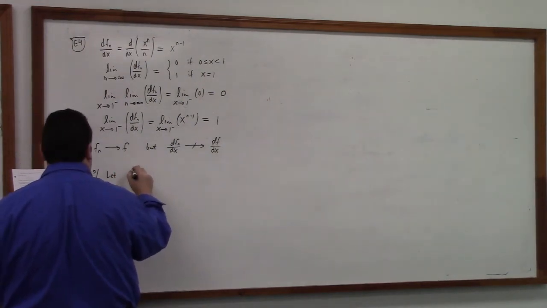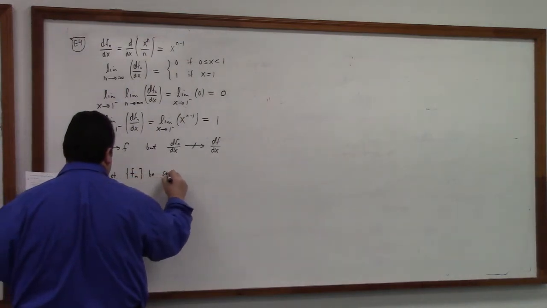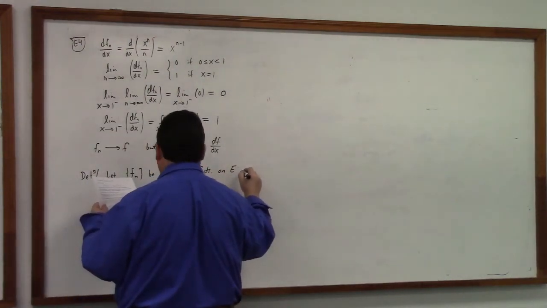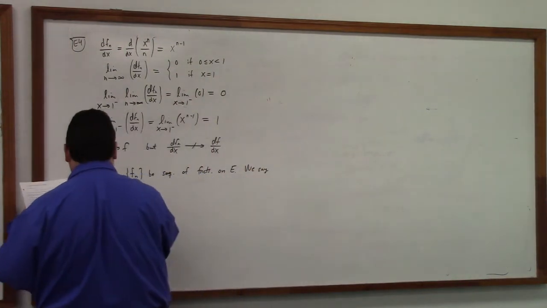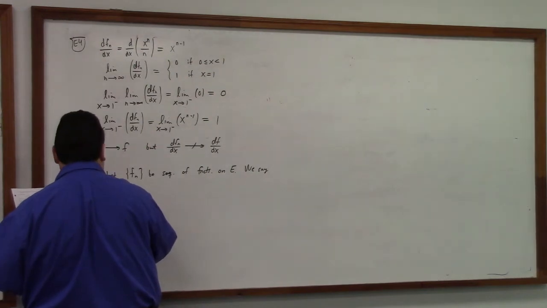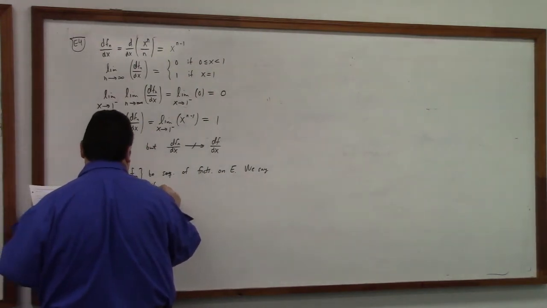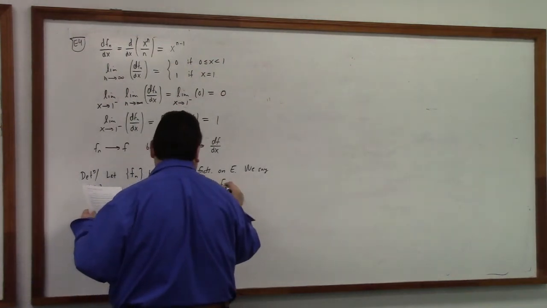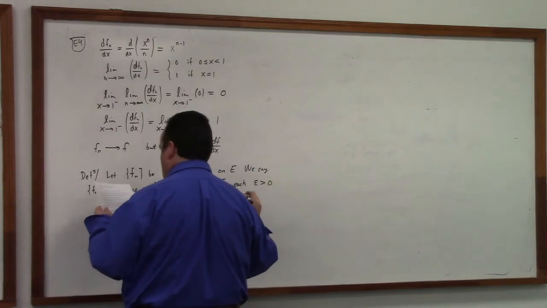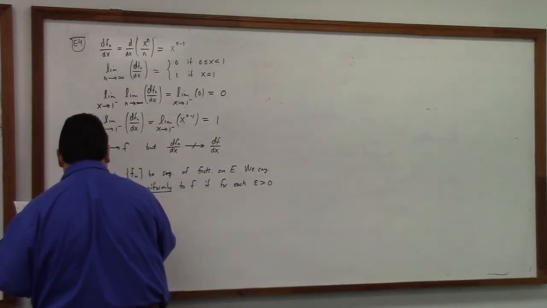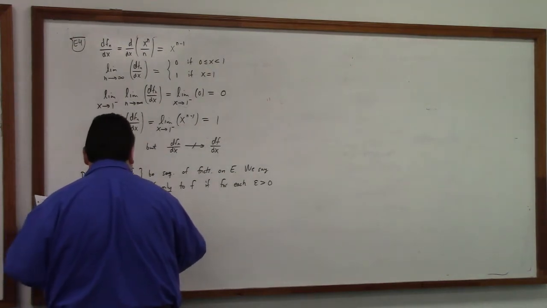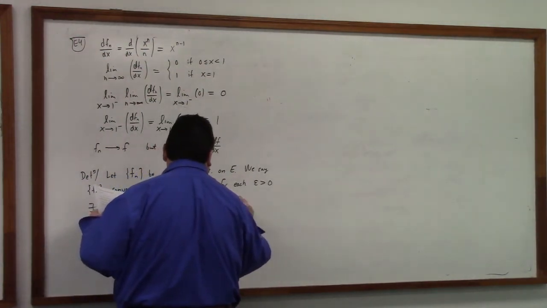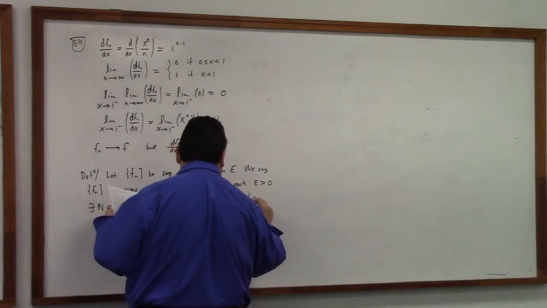Let f_n be a sequence of functions on E. We say f_n converges uniformly to f if for each epsilon greater than 0, there exists big N in the natural numbers such that little n greater than big N implies the absolute value of f_n of x minus f of x is less than epsilon.